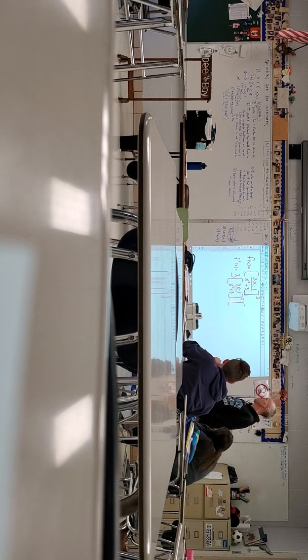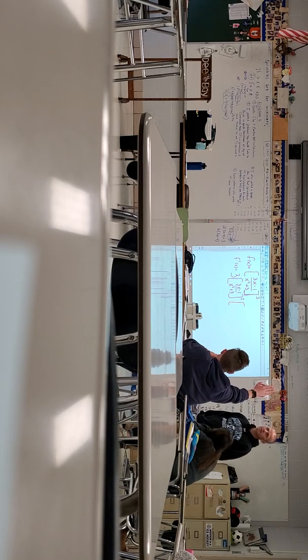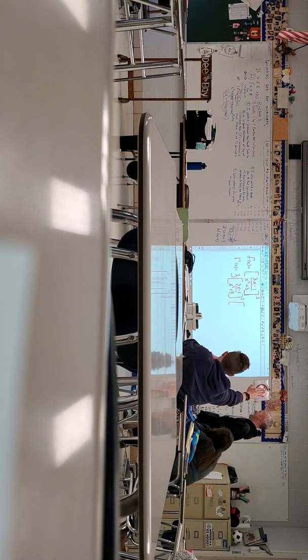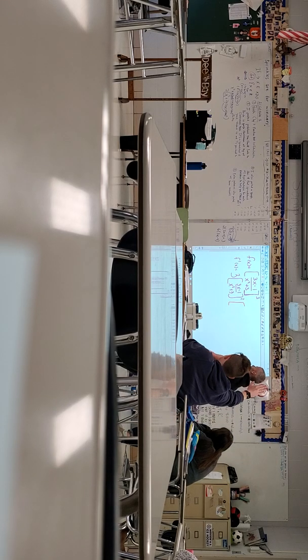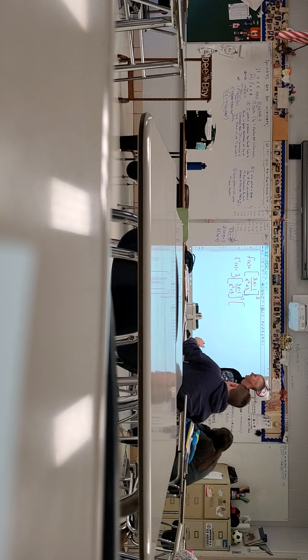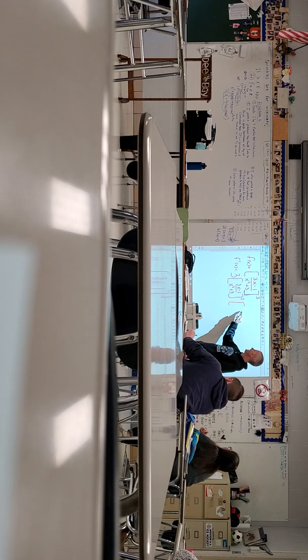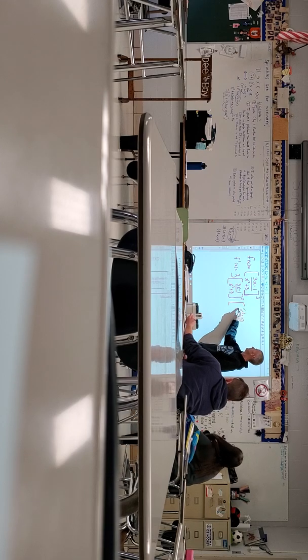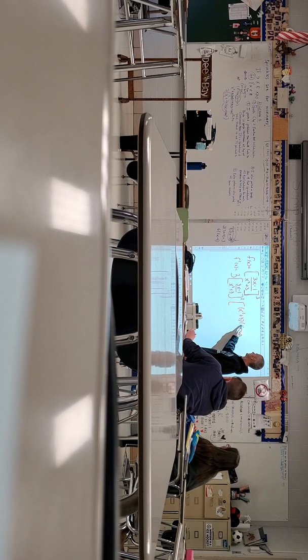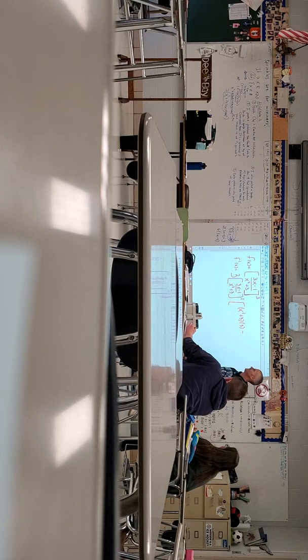So how do we use that quotient rule to help us out? Quotient rule is low d high minus high d low, over low squared. So take the low, x squared plus 3, times the derivative of the top, which is 3.